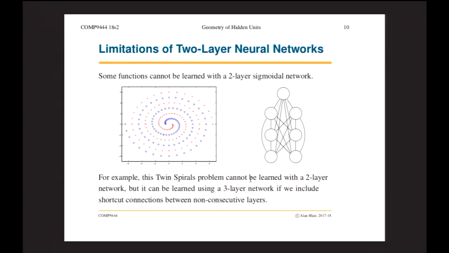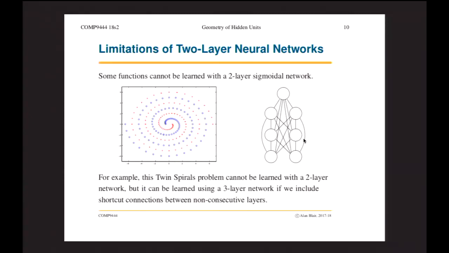But it is possible to learn this if you have a 3-layer network with shortcut connections between the layers. This is the simplest network architecture that's capable of learning this. So you have 2 inputs, the first hidden layer, the second hidden layer, and then the output, and every node is connected not just to the nodes in the previous layer, but to the nodes in every layer.